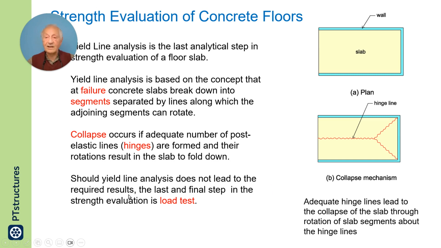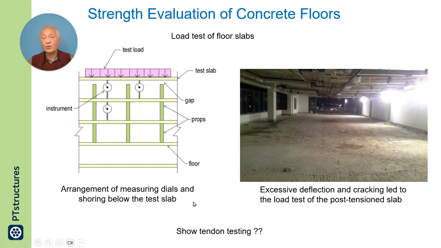If the yield line analysis doesn't show adequate capacity, the last final step of the strength evaluation is load test. Here on the right is an image of a floor which was considered to be possibly inadequate. Hinge line didn't work out, and then we had to perform load test for it.